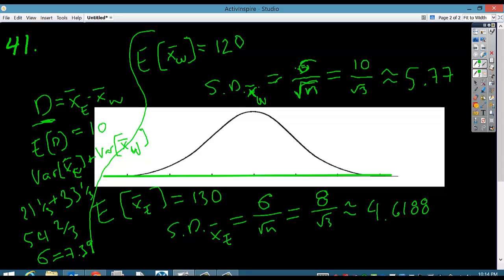And we wind up with standard deviation approximately 7.39. Okay, so just to review, first we found mean and standard deviation of the average of these 3 people from West State. And then the average of these 3 people from East State.